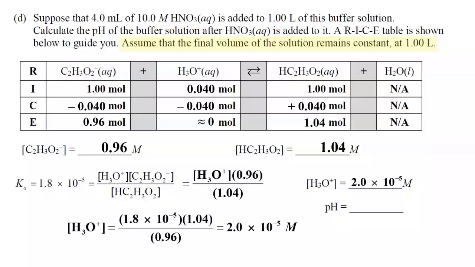The original pH of the buffer was 4.74. When you take the negative log of the concentration of hydronium, the negative log of 2 times 10 to the negative 5 is 4.70. So we can see that the pH did decrease, but only by a very small amount.